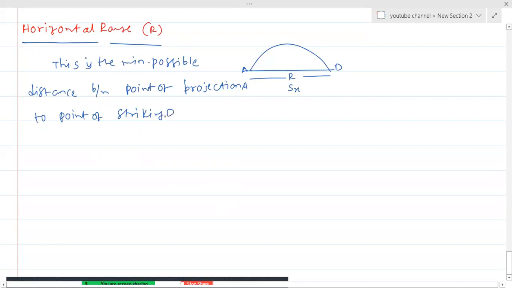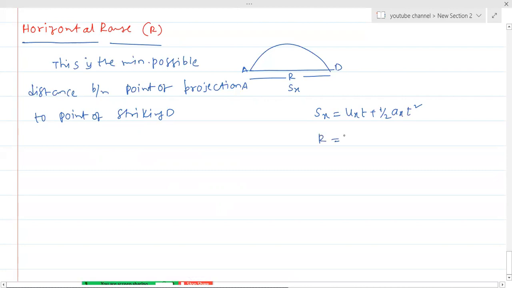Now we will use the formula Sx equivalent to Ux into T plus half Ax into T square. Sx is R and Ux is nothing but u cos theta, and the total journey time is the time of flight T, and Ax is equivalent to 0.